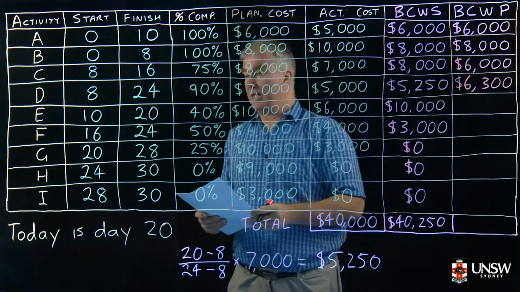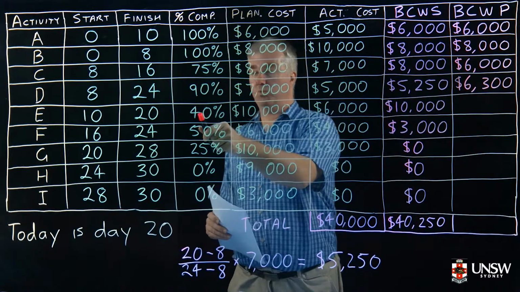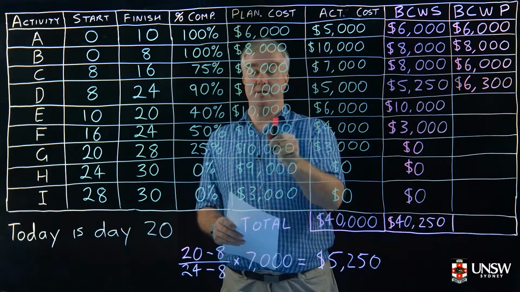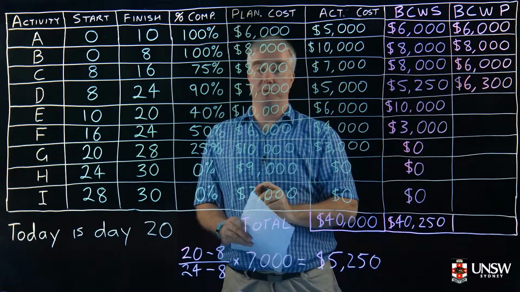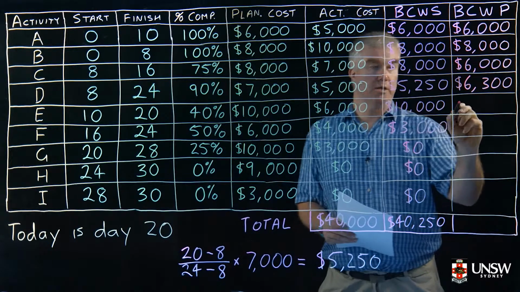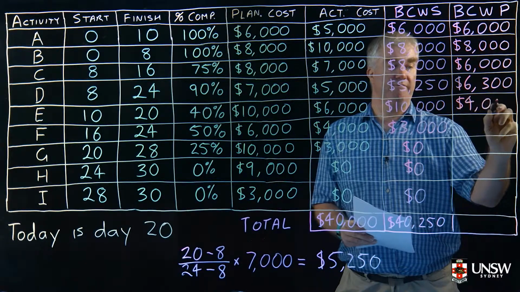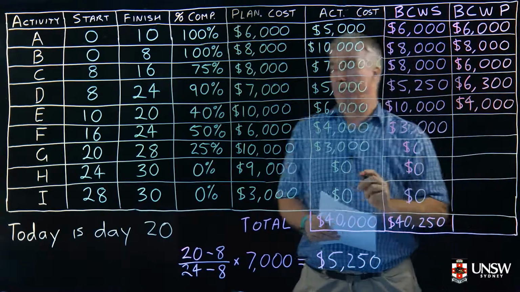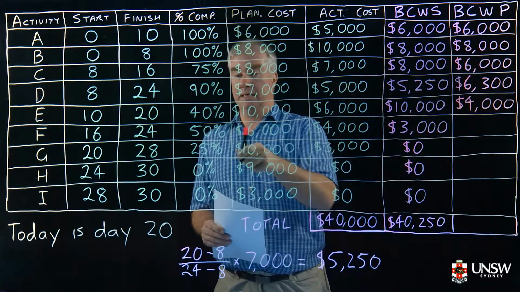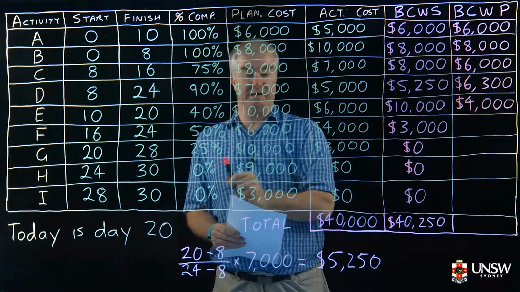For activity E, we've done 40% of the activity. The activity is supposed to be worth $10,000, so the basic cost of work performed for this activity is $4,000. For activity F, we've finished half of the activity.